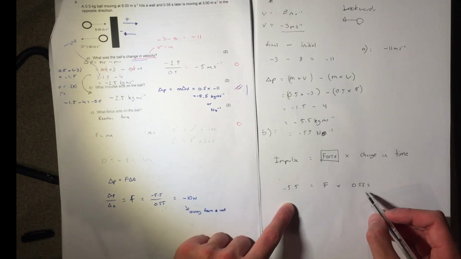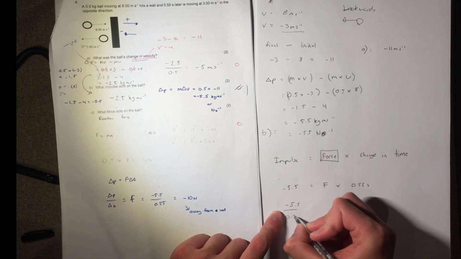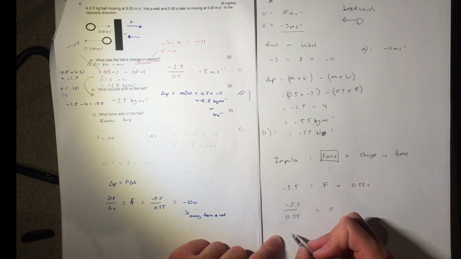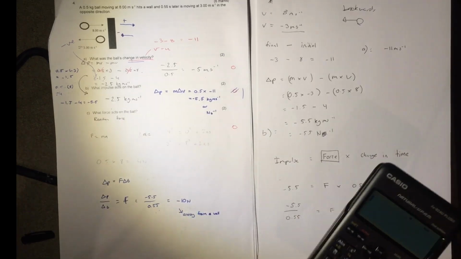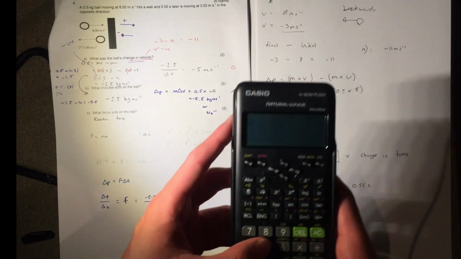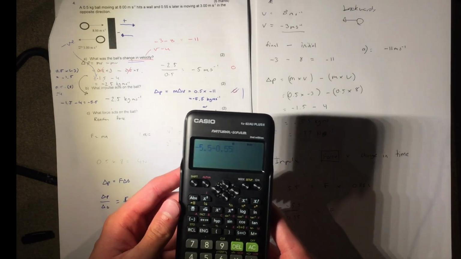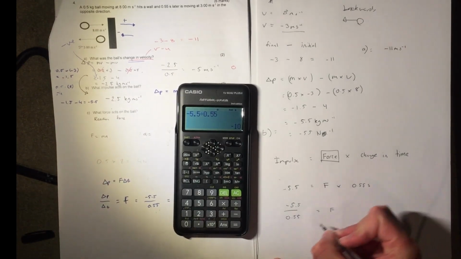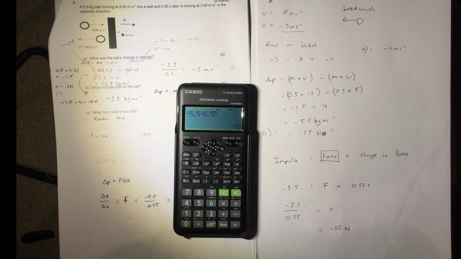If we rearrange this, negative 5.5 over 0.55 equals the force. Nifty. Calculator: negative 5.5 divided by 0.55 equals negative 10, which equals negative 10 newtons. That's that. Yeah. Physics.